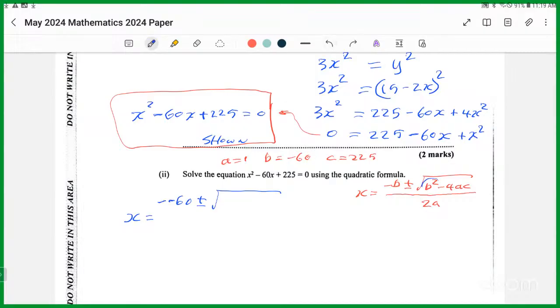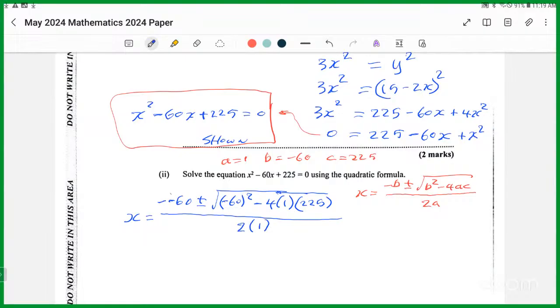That's negative 60, and when we square this negative value, it's going to come out positive. Minus 4ac: 4 times a, where a is 1, times c, where c is 225. And then dividing everything by 2a, a is 1, that's 2 times 1.